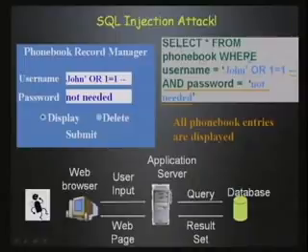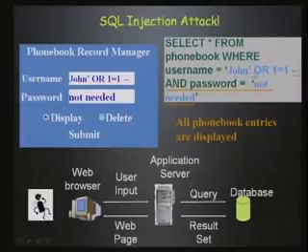Select star from phone book, where username is John, or 1 = 1 followed by comment and a whole bunch of things, and password equals not needed. Because the comment character appears here, the rest of the query is commented out, and the condition 1 = 1 is always true. So all the phone book entries are displayed because 1 = 1 is always true. In this case, the attacker is able to access all the entries stored in the database by a simple attack.